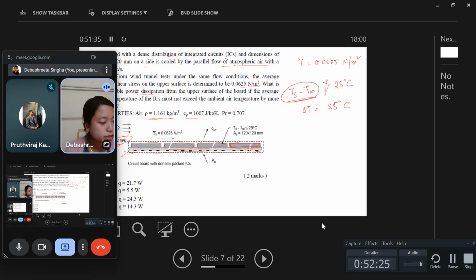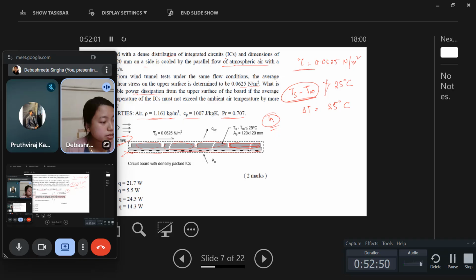Joule per kg Kelvin. The Prandtl number is given as 0.707. So again, how do you proceed in such questions? You need to find out what this H is. For finding H, you need to see what else is given here.